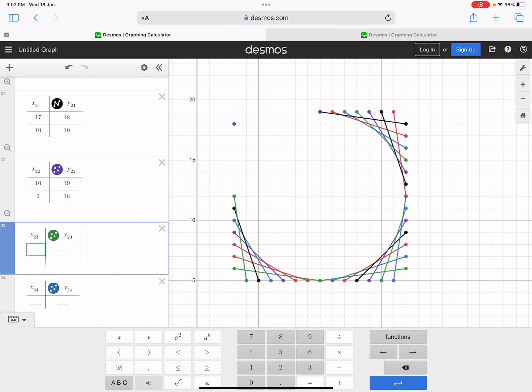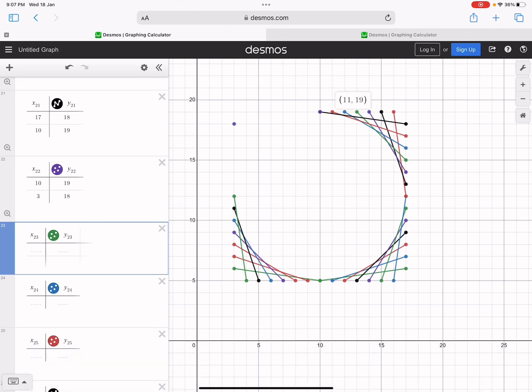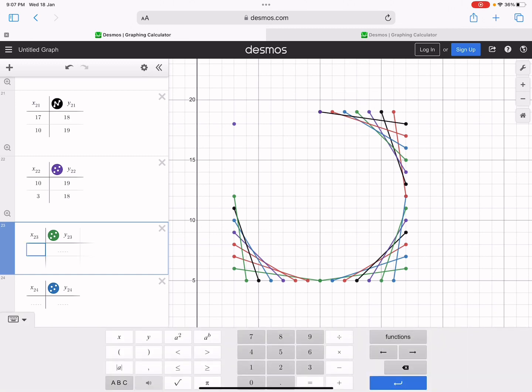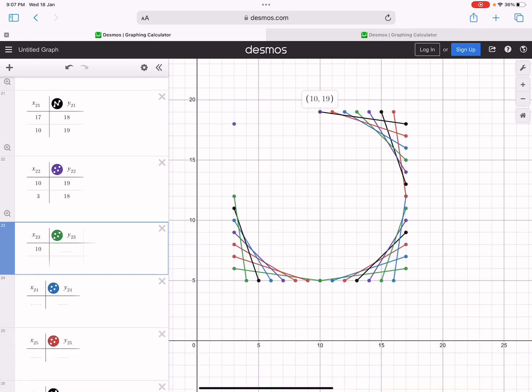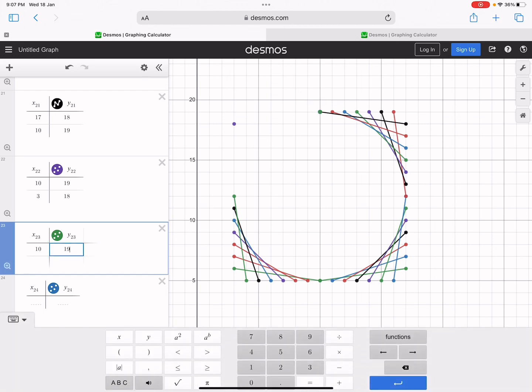And then we do the same thing with the second coordinate, 11, 19. The x-coordinate of the second line segment will decrease by 1, so it becomes 10. And the y-coordinate stays the same, because we do it the same way. 9, 19.